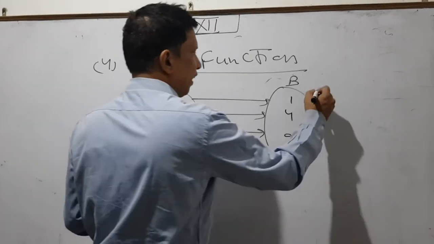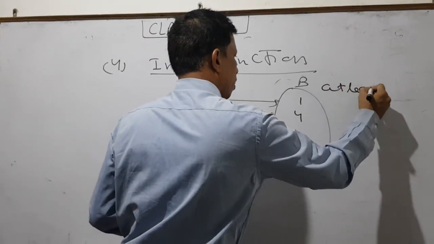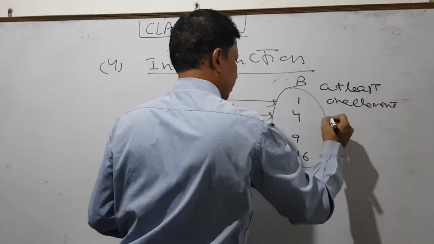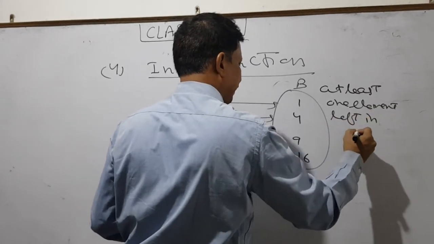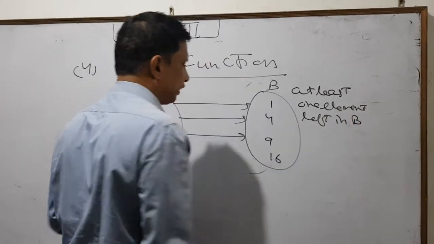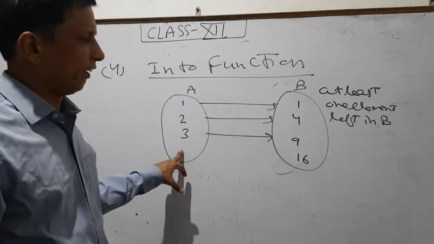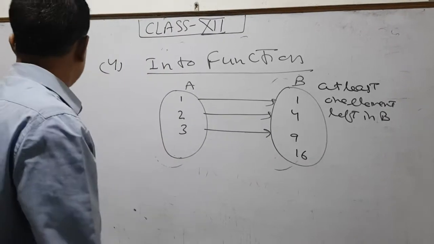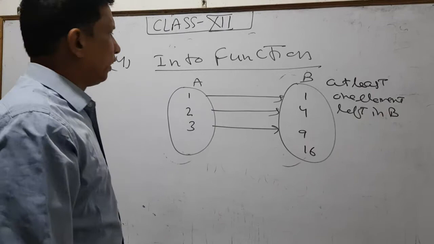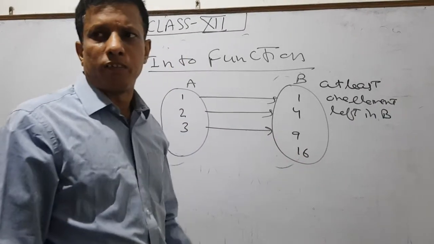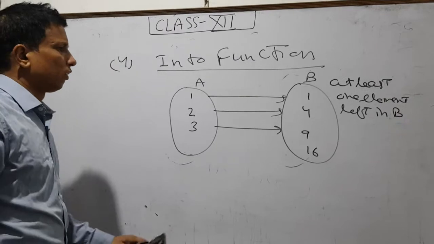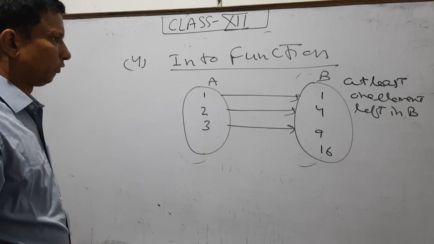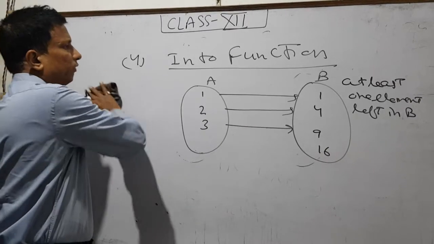In into function, at least one element is left in B, that is, there is no pre-image in A. This is known as into function. Note down this one. Noted?